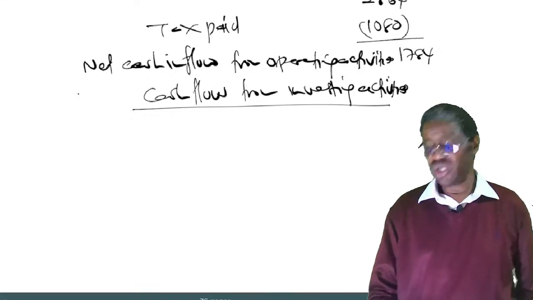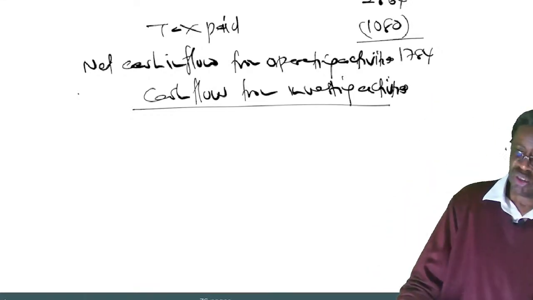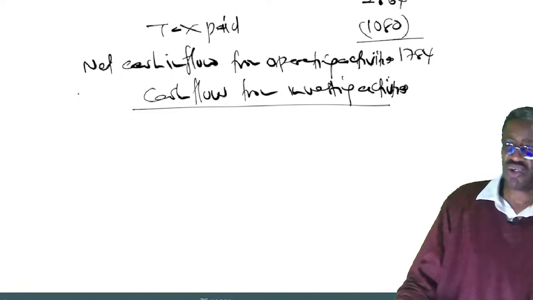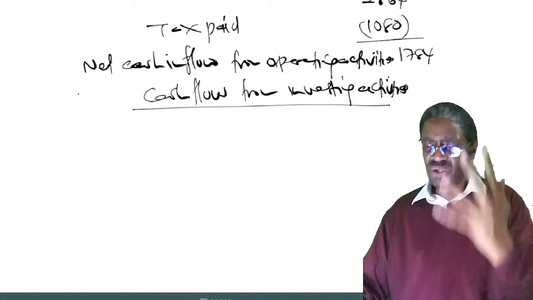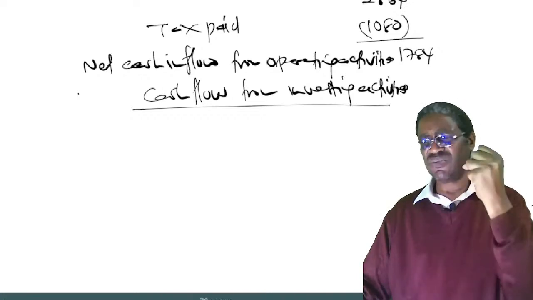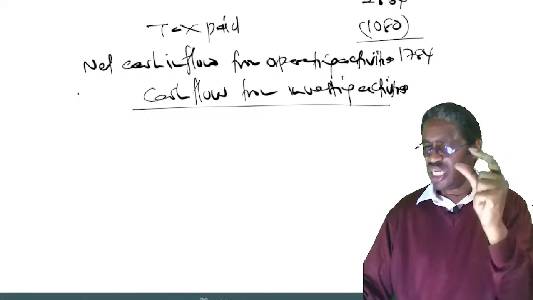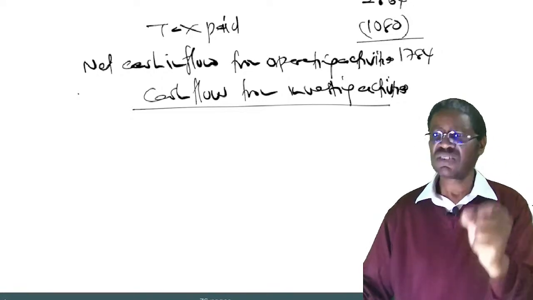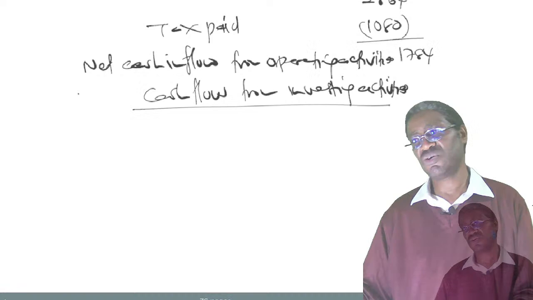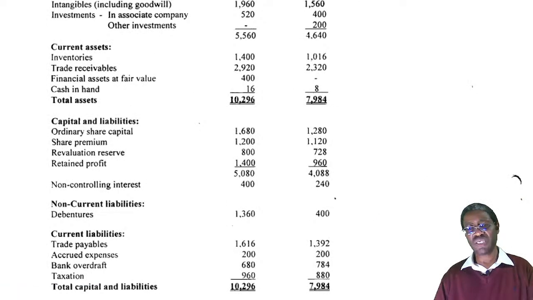Good. Let's start with the additional information. From note number 1, note number 2, is there an investing activity? I told you, listen, investing activities are those transactions that affect fixed assets. From note number 1, is there anything affecting it?